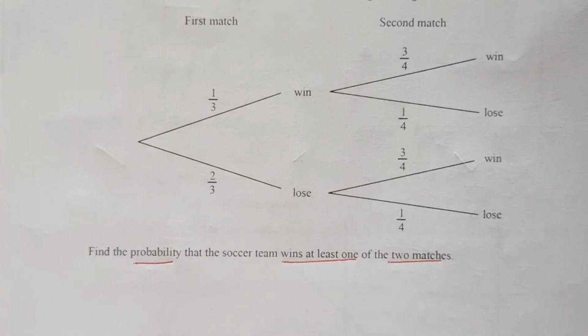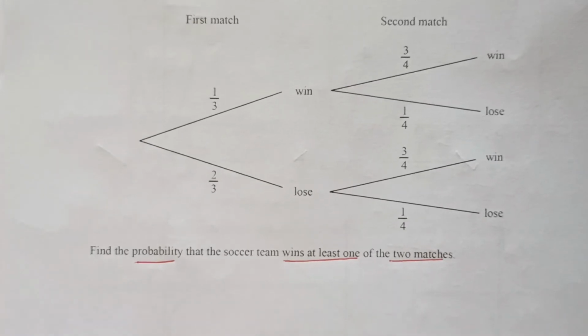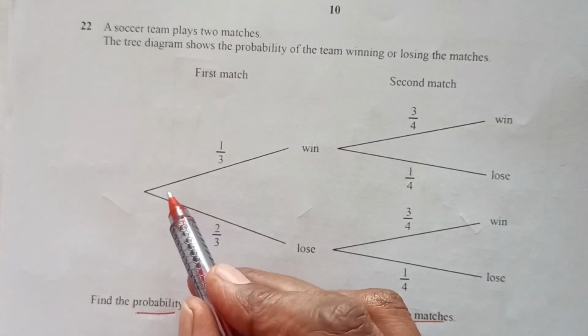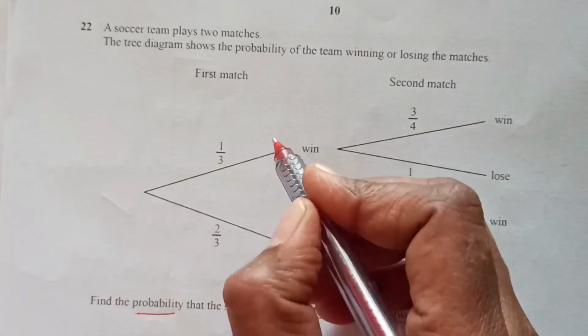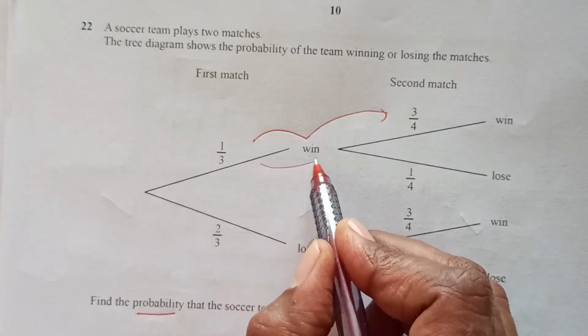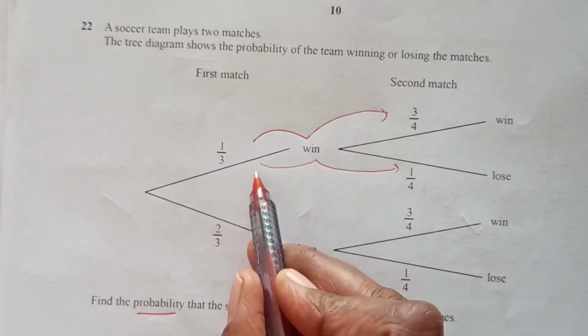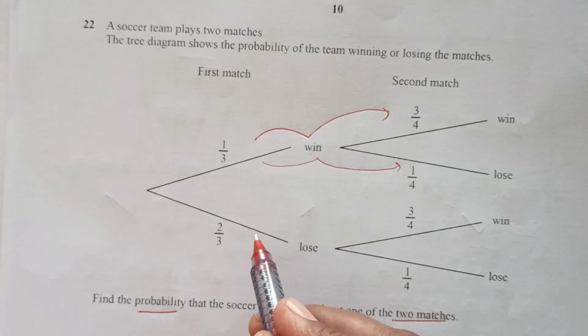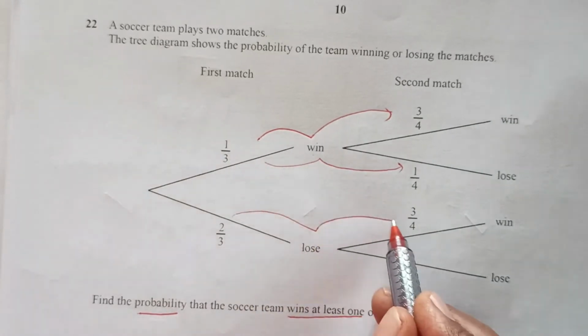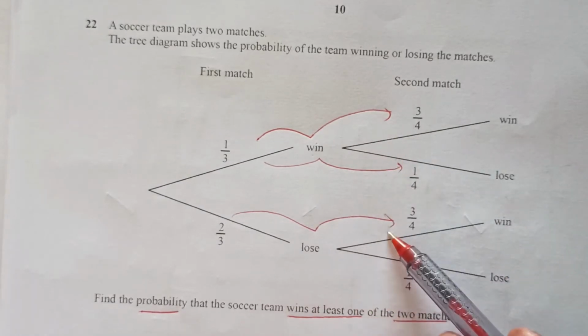So we can include maximum, maybe twice, but minimum at least once. So we can see which route we can follow. From here, win and win. Then win and then lose, but at least once is there. Then we have lose and win. So we are going to follow these 3 paths.